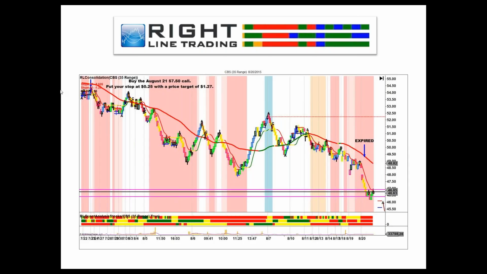When the position was placed, the stock was in a strong downtrend. Remember, when you buy a call, you want the stock to be moving up or be basing at an extremely low price and have a reason to not go lower. Remember, on CONN's, we had an investment firm buy 1 million shares of it.